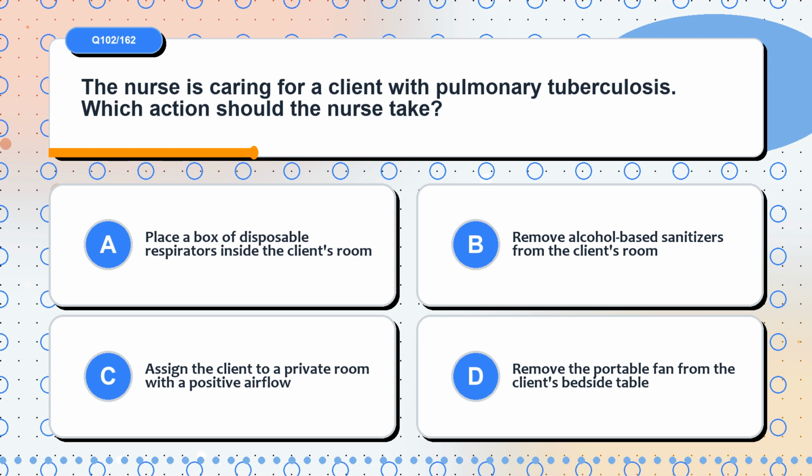Here are the options. Option A: place a box of disposable respirators inside the client's room. Option B: remove alcohol-based sanitizers from the client's room. Option C: assign the client to a private room with a positive airflow. Option D: remove the portable fan from the client's bedside table.